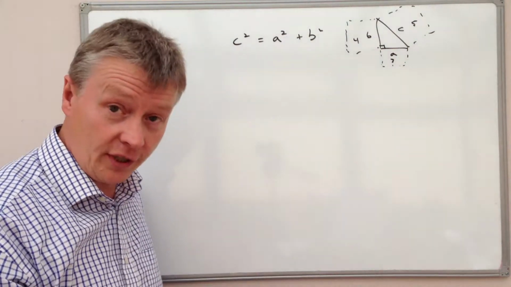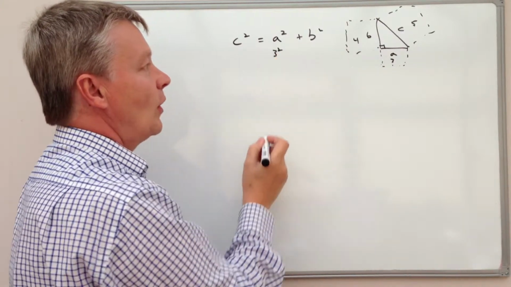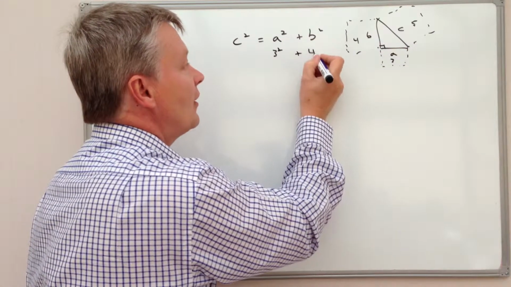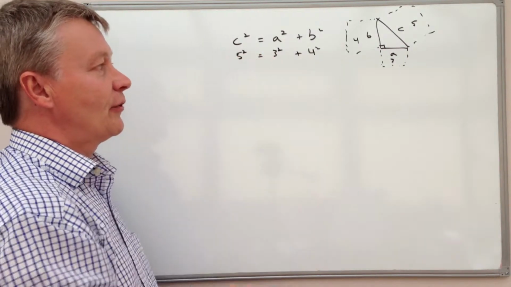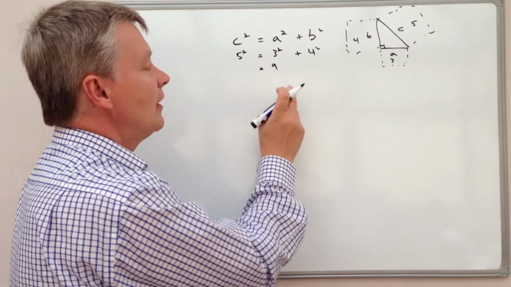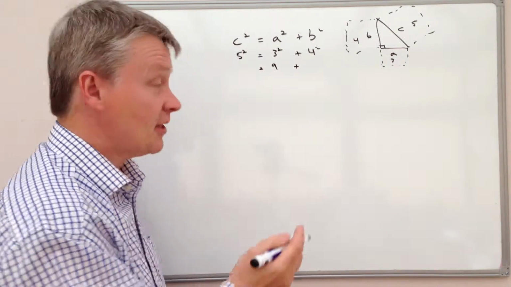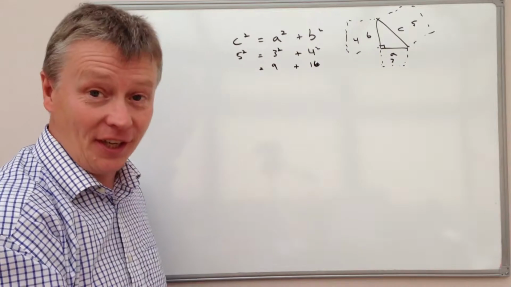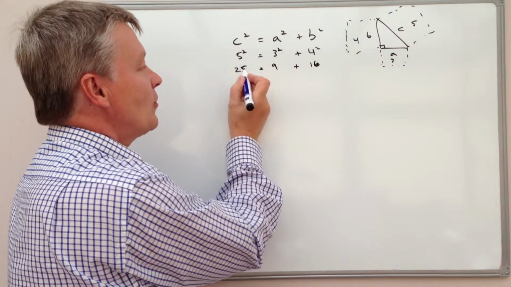Well, the numbers do work out, because a squared, which is 3 squared, plus b squared, which is 4 squared, equals 5 squared, because 3 squared is 3 times 3, which is 9, and 4 squared is 4 times 4, which is 16. And if you add 9 plus 16 together, you get 25, which is 5 squared.